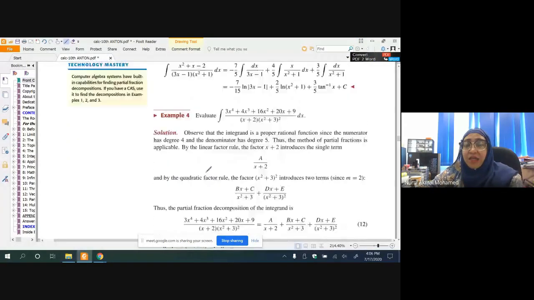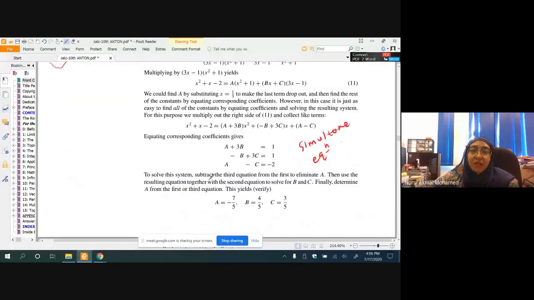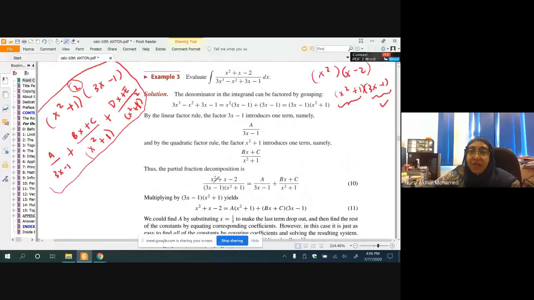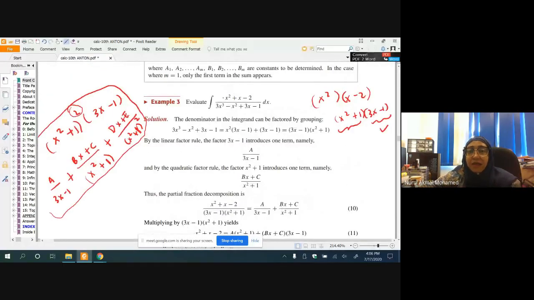That is when you have the partial fractions with the numerator. Here, the order of the numerator is lower than the order of the denominator. So this is of order 2, and this is order 3.